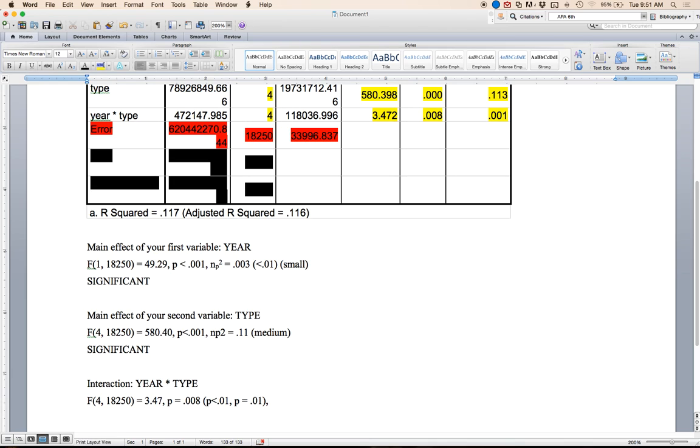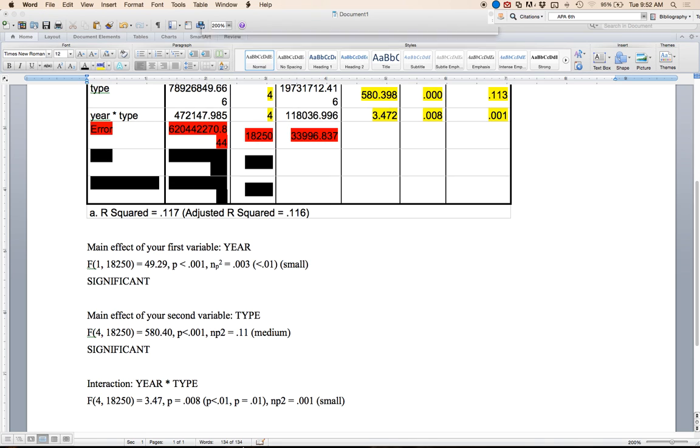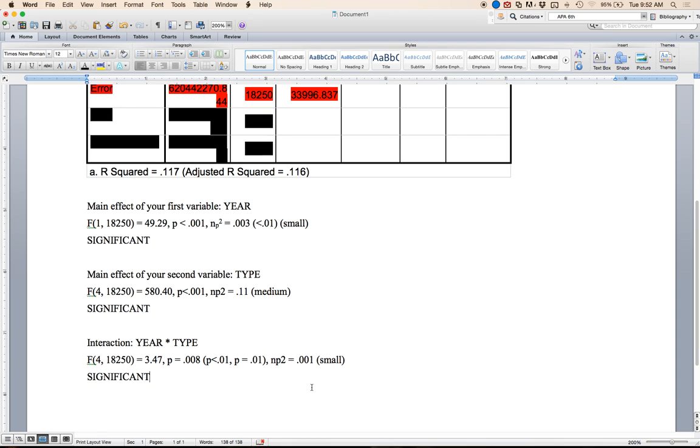So either of those options would be appropriate. Don't do all three, just pick one, but I'm trying to show you there are a couple of correct answers here. And then I would say eta squared partial is 0.001. So this is a really small effect size. Sorry, wrong button. Also significant. And then here's where we have to make a decision, right?